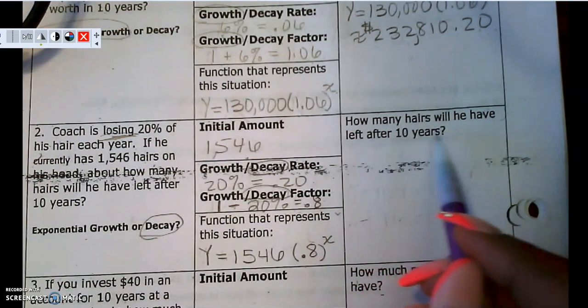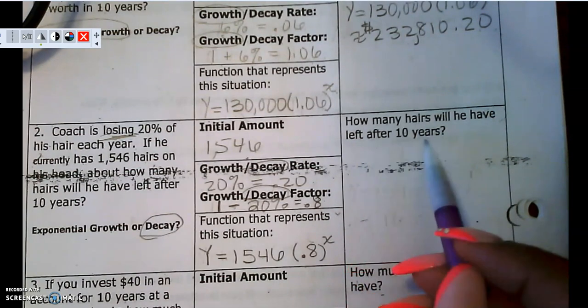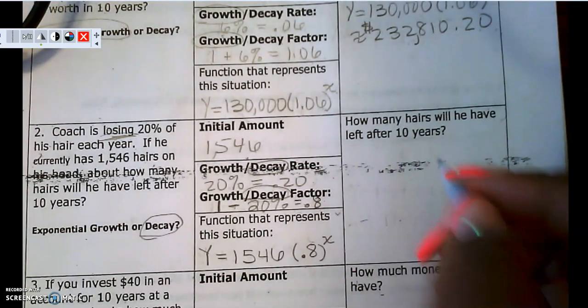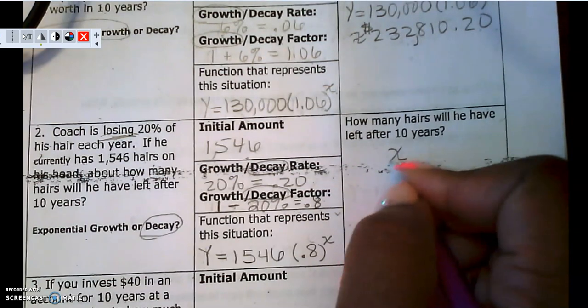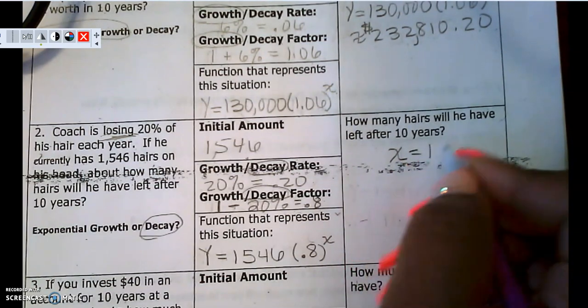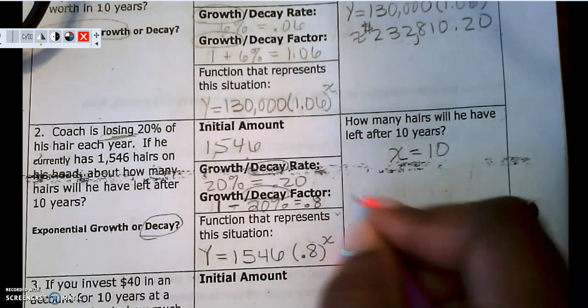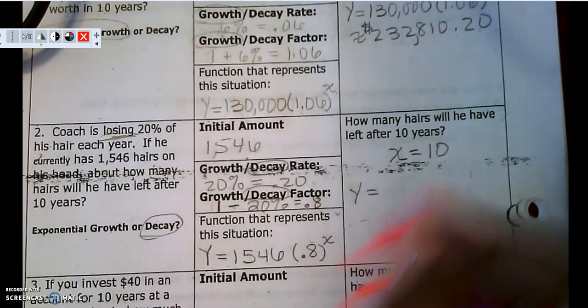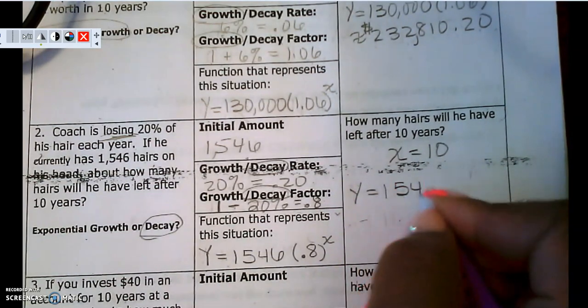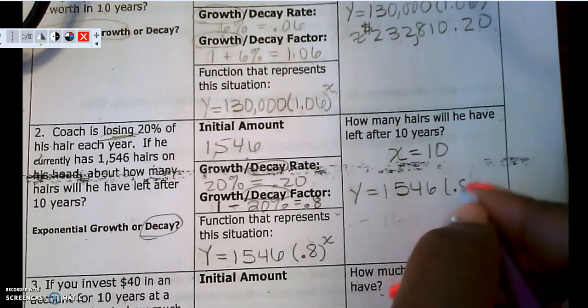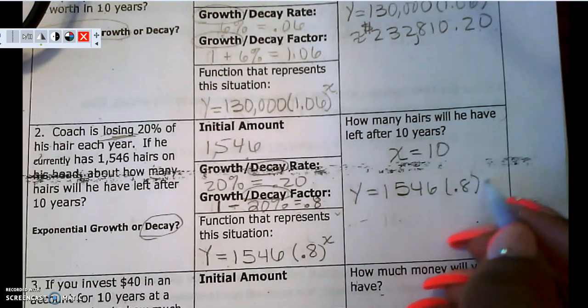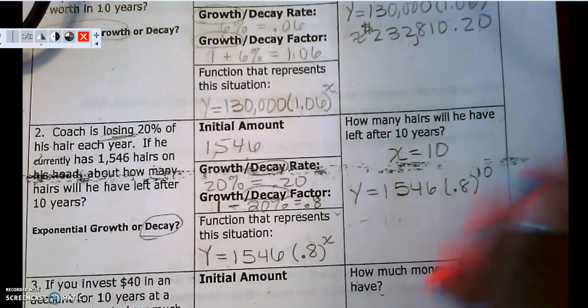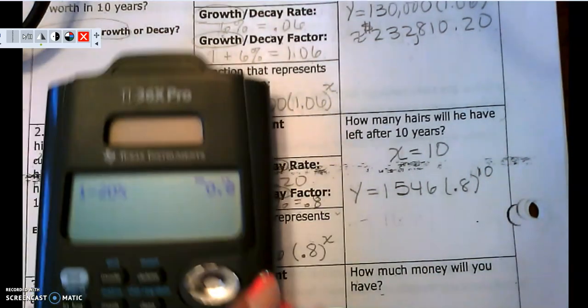Now it says, how many hairs will he have left after 10 years? Well, the time that we're dealing with is 10, and our time in this case is represented by the variable x. So I'm going to go back to my function, which is y equals 1,546 times 8/10. And now instead of x, I'm actually going to input that number 10. And now we just go straight calculator.